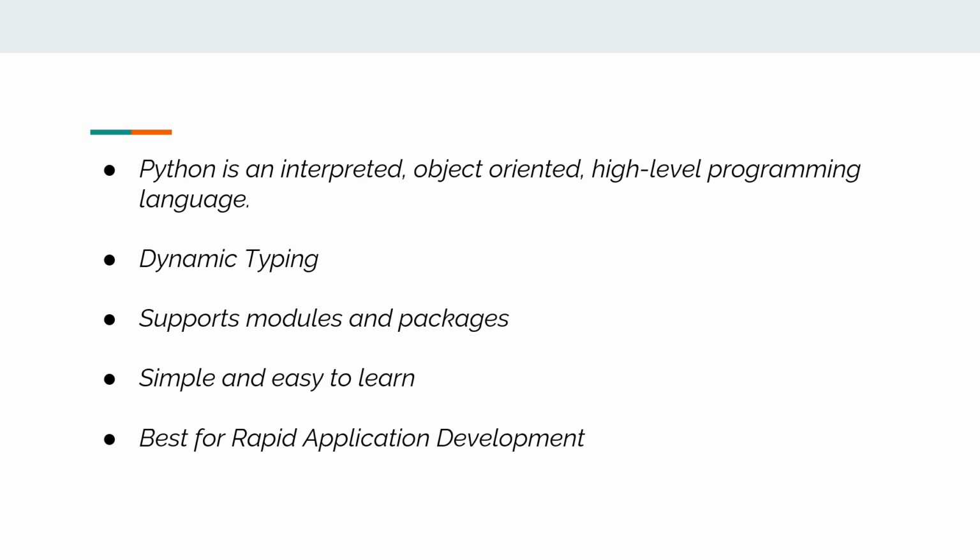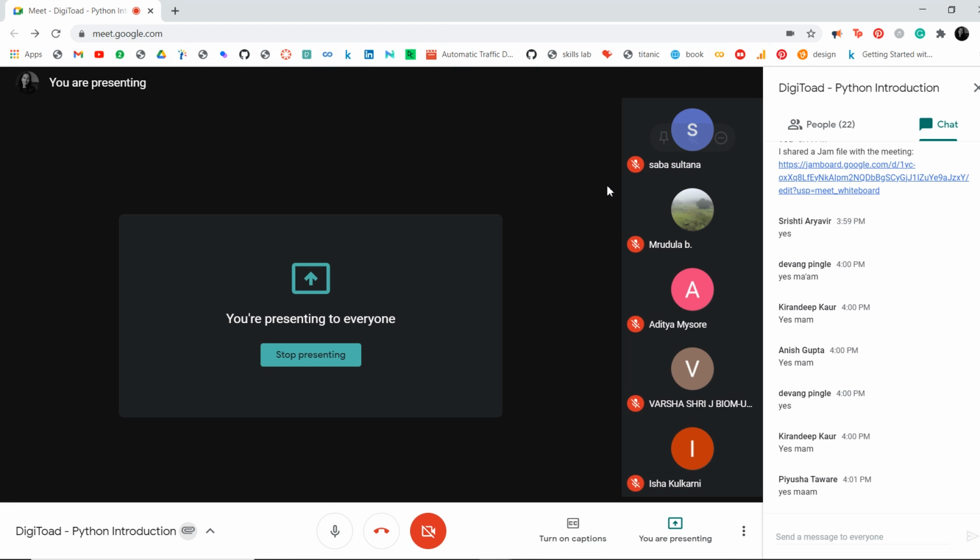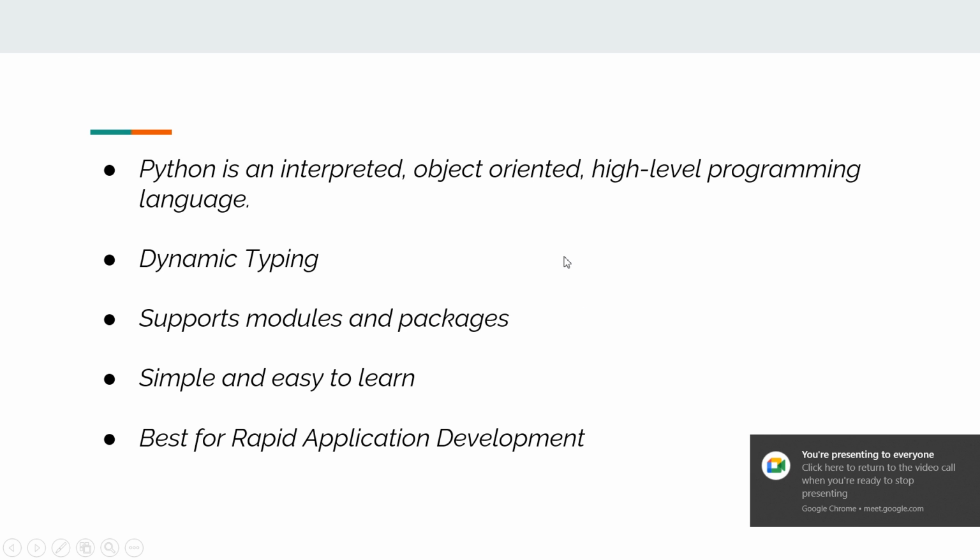Just by writing add, subtract, or something like that, you can do the calculation. It is also known to be a very simple and easy language to learn. You will definitely see why.